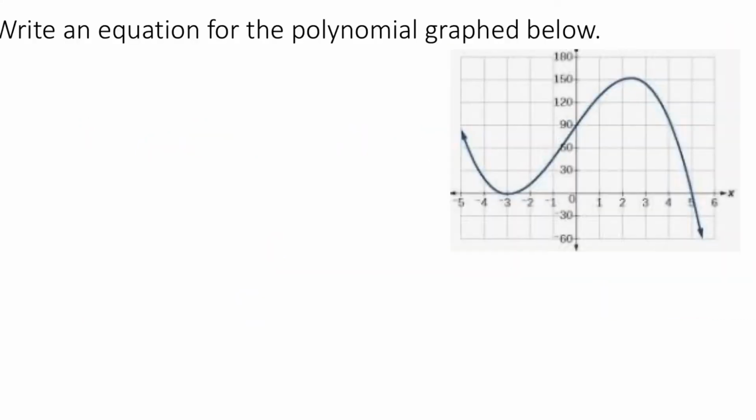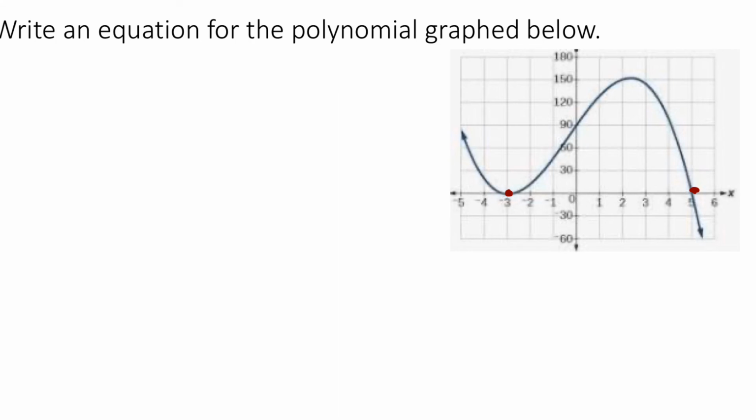Okay, now this is a review from the last section. Write an equation for the polynomial graphed below. What we're going to notice from this graph is that there are several real zeros. Here's a real zero at x equals -3, and here's a zero at x equals 5.